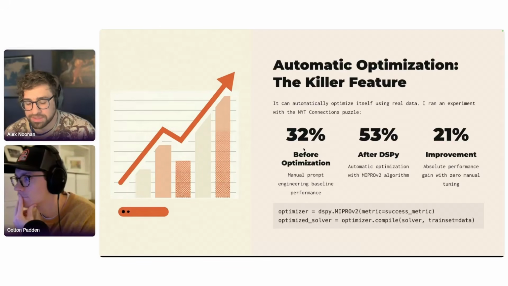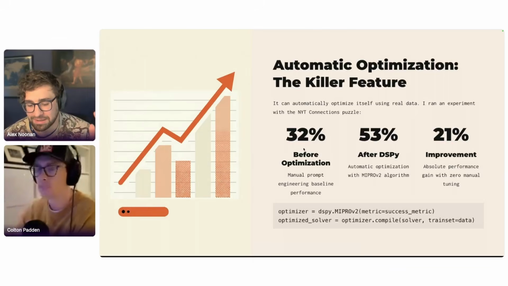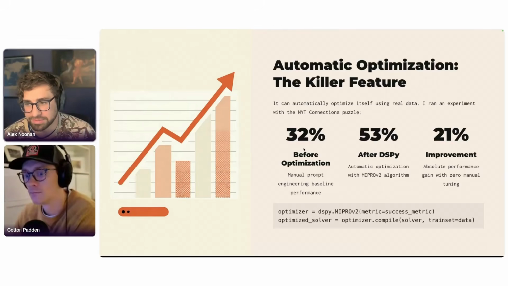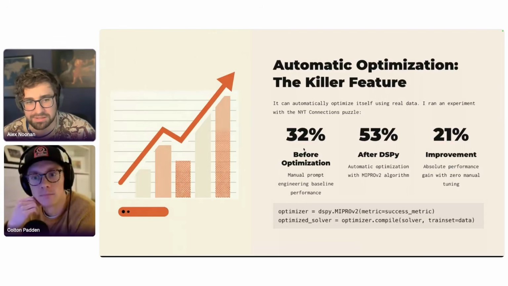And for the demo project, we use the New York Times Connections. Our previous head of DevRel, Pedram Navid, did a long project where he ran every model available right now through this process to find out which one was optimized the best. And we'll share the link to that later.